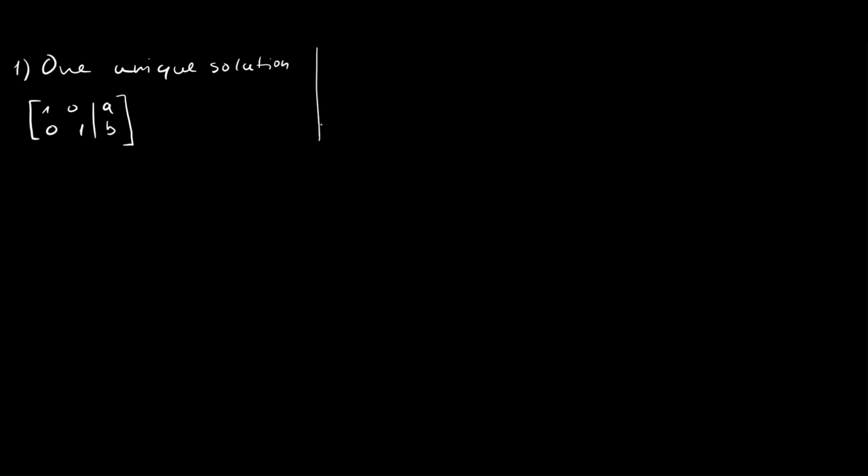The next case scenario is infinitely many solutions. So this happens when we get one or more rows of all zeros and there are not enough pivot numbers for all variables.